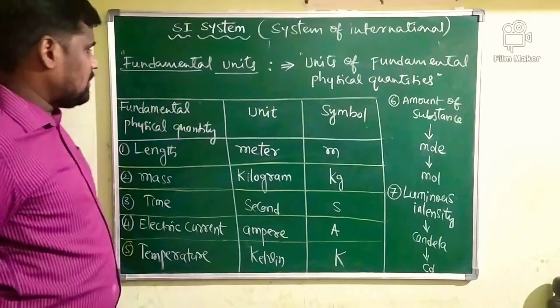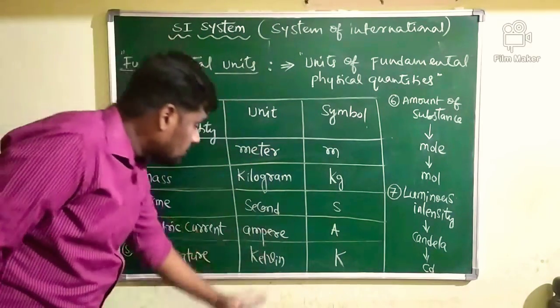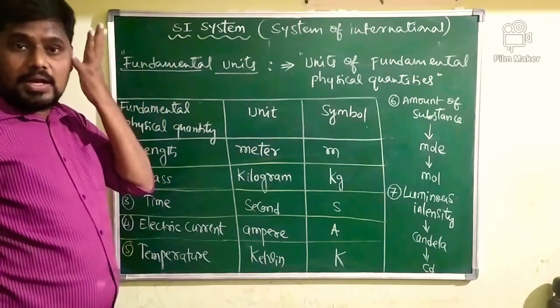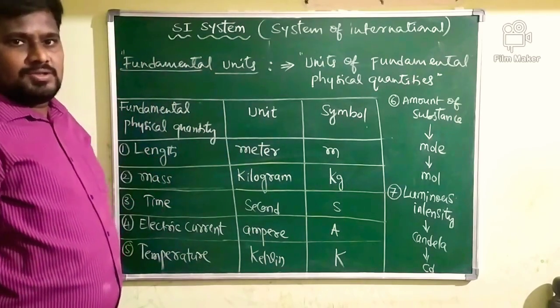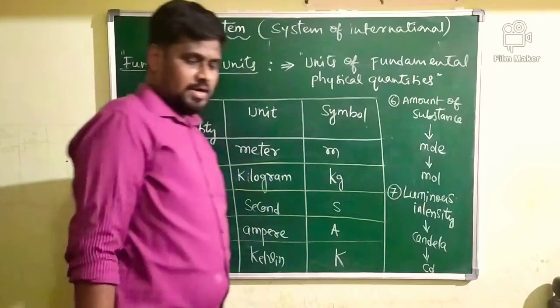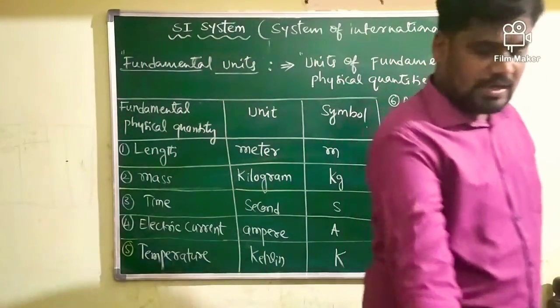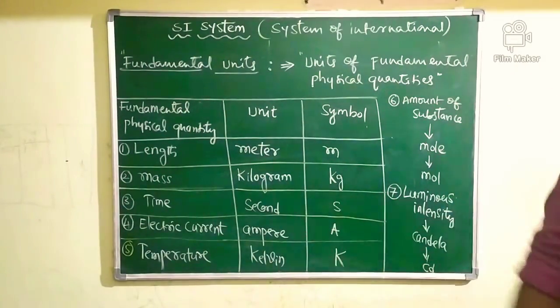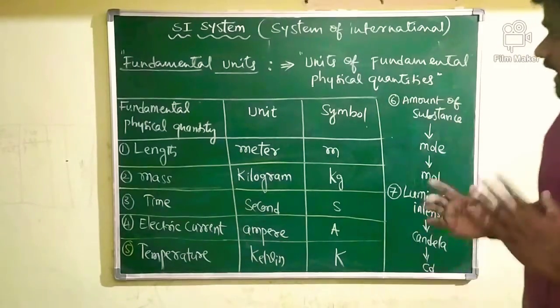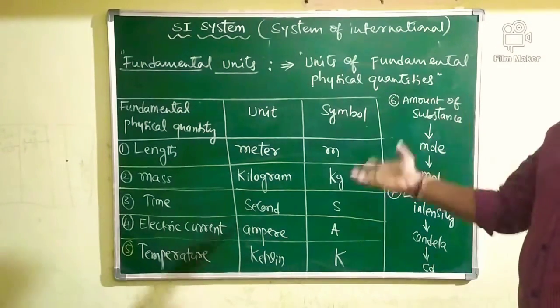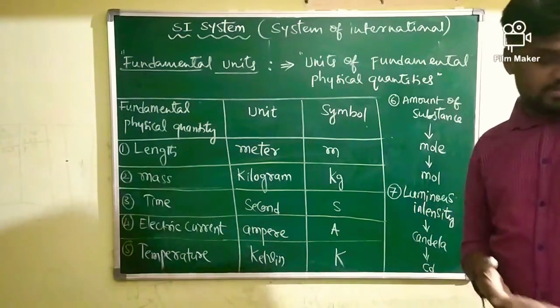For 7 fundamental physical quantities, we have 7 fundamental units. So what are the 7 fundamental units, which are called fundamental units? Concentrate on the board and tell me which are called fundamental units in physics.